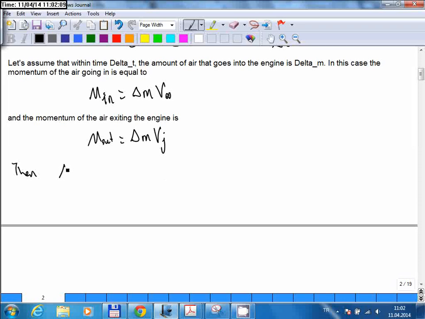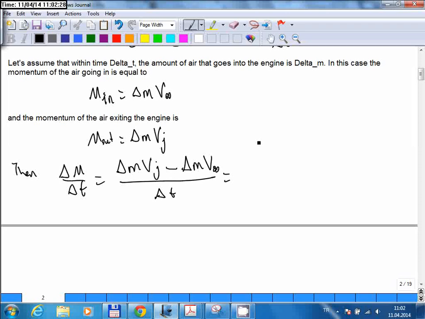Then we can write delta momentum over delta t as, so this is the exit momentum minus the inlet momentum v infinity divided by dt, and you can write it further as delta m parentheses vj minus v infinity divided by delta t.